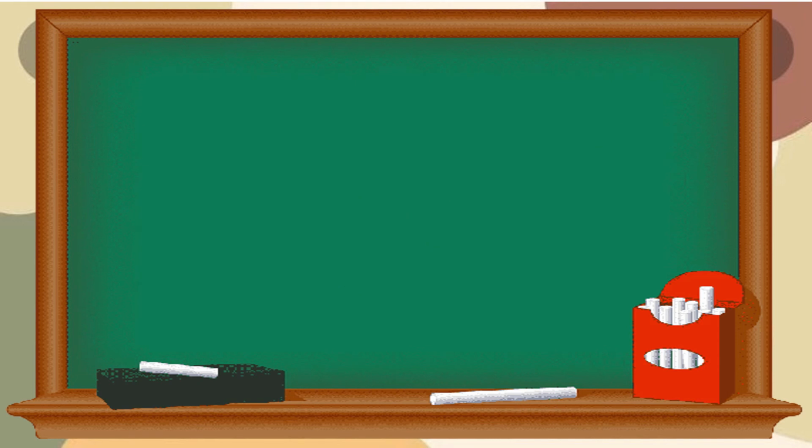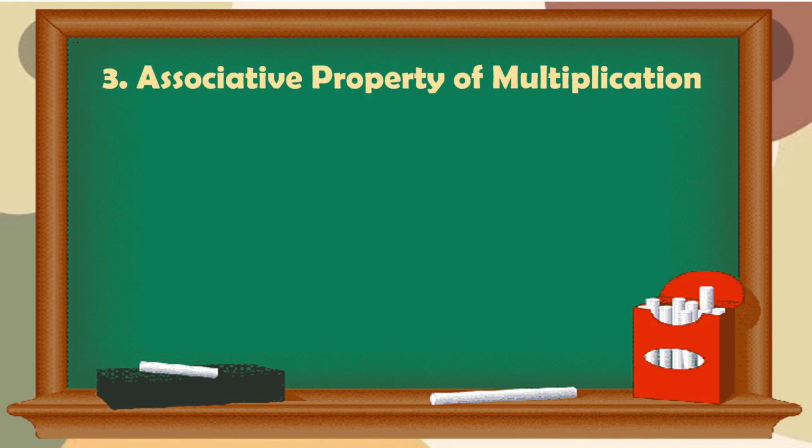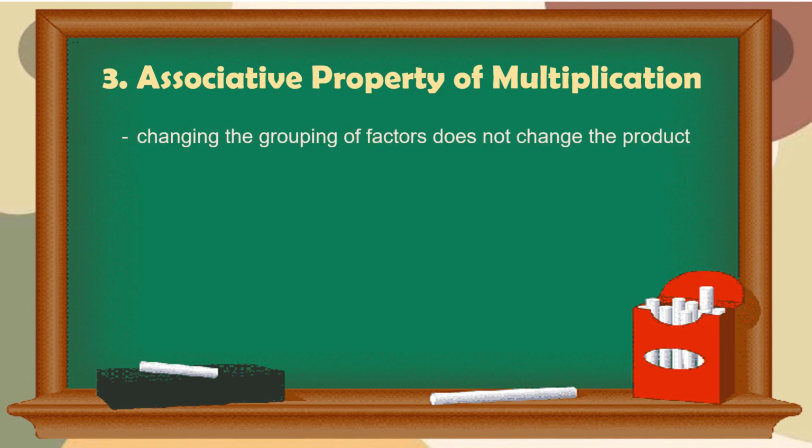Now, let's try the associative property of multiplication. Changing the grouping of factors does not change the product. Following the associative property, 3 times 9 times 2, we copy 3 times the group of 9 times 2.